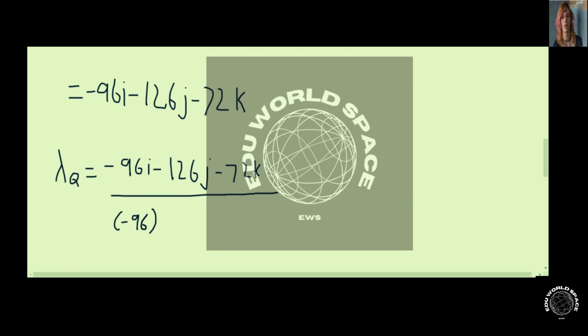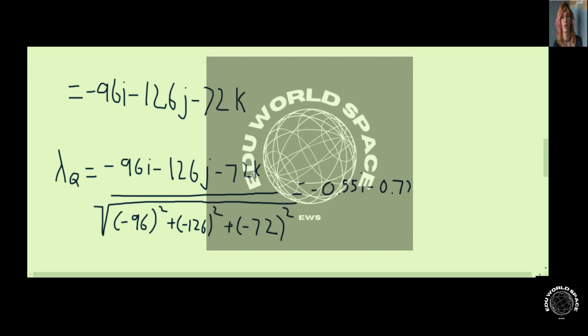So negative 96 squared plus negative 126 squared plus negative 72 squared, all under the square root. And this will give us a unit vector of negative 0.55i minus 0.72j minus 0.41k.